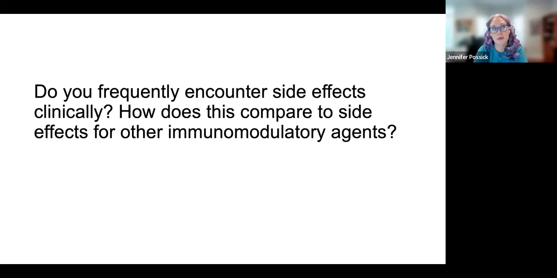The thing that I think we're finding too that is similar to the ICI story is that as people have become more familiar with the side effect profile and more comfortable with recognizing it, we're seeing a lot of low-grade pneumonitis recognition with these agents. And thankfully, a lot of the presentations are grade 1 and grade 2, and they tend to be very responsive.